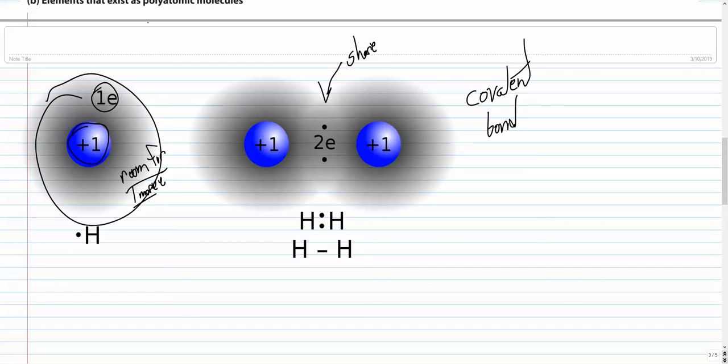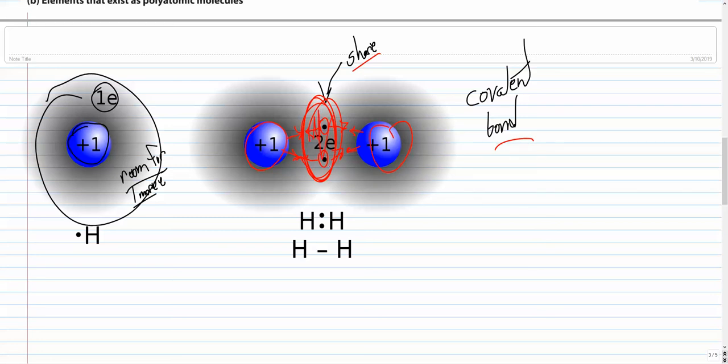What holds it together? Well, this proton is attracted to this electron. This electron is attracted to this proton. So we get this electrical attraction between both of these electrons and both of these protons. So this proton is attracted to this electron and vice versa, and same thing with this other one. So this electrical attraction here is where the bond is. So that's the chemical bond holding them together.